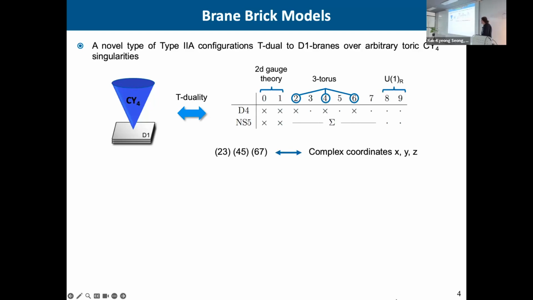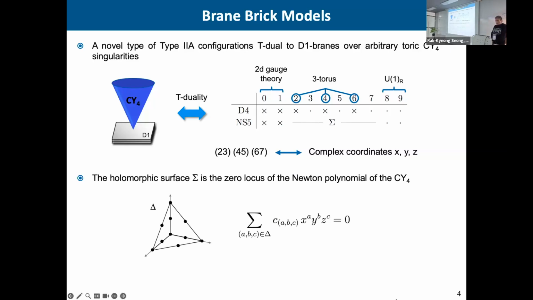And what I'm going to do is combine 2, 3, 4, 5, and 6, 7 into 3 complex variables such that 2, 4, and 6, let's say, are the arguments of x, y, and z, and then they live in a torus. So the entire non-trivial part of the story is in sigma, and sigma, what I told you yesterday, is something that you obtain from the zero locus of the Newton polynomial.